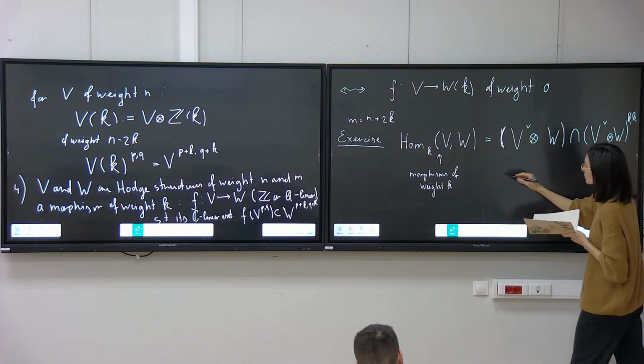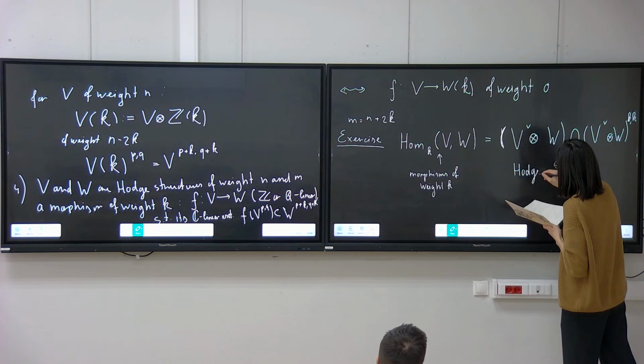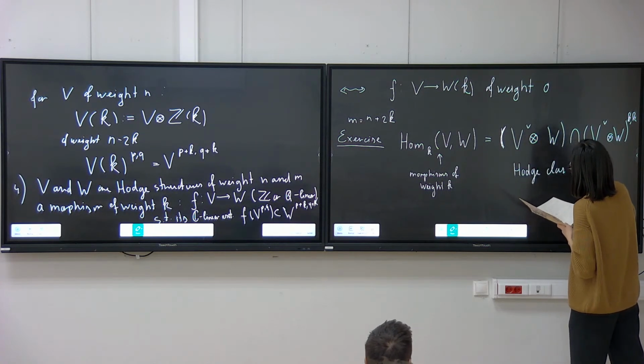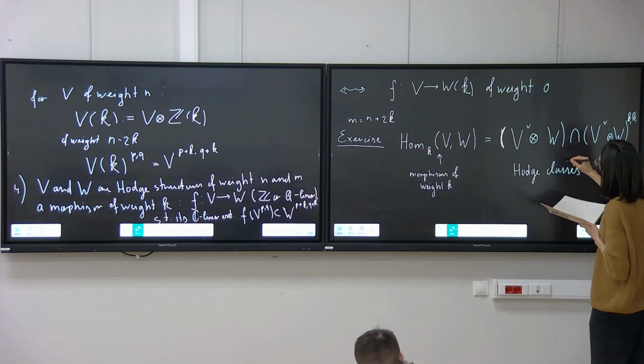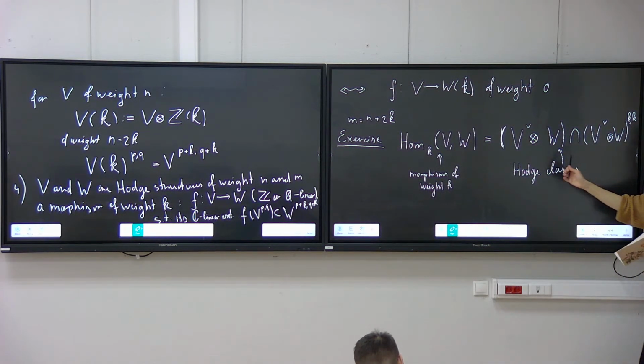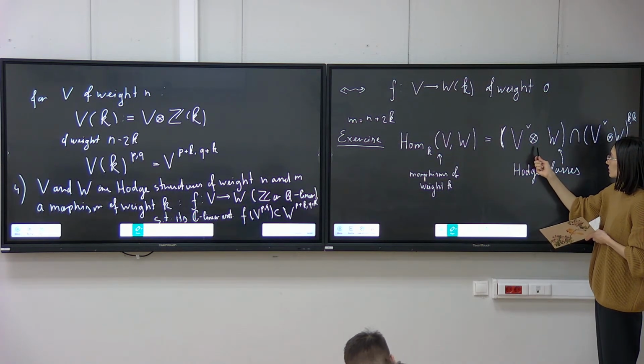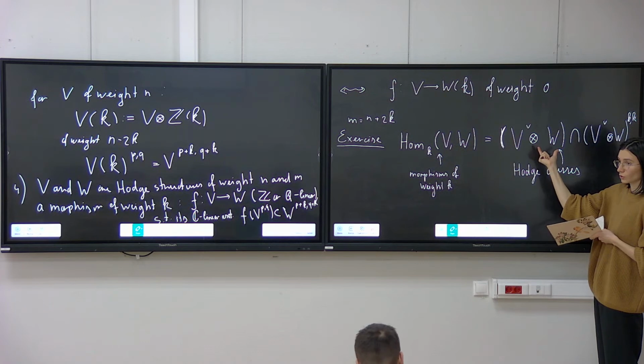Okay, so this is isomorphic to Hodge classes in this Hodge structure. We discussed the notion of dual Hodge structure. We discussed the notion of tensor product of Hodge structures.